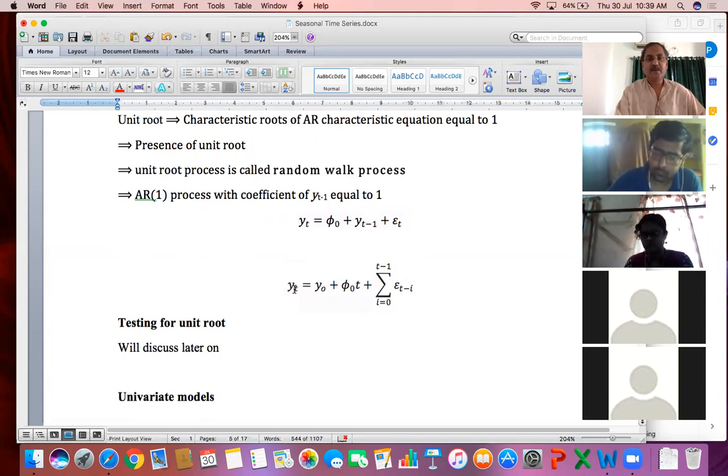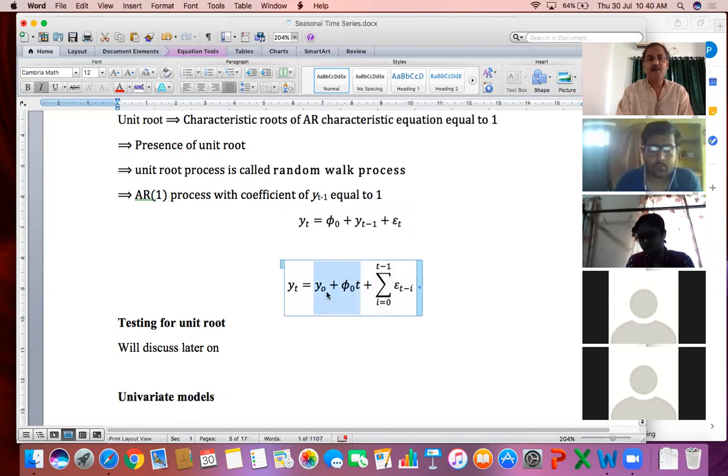The value of y today has two components. The first part looks like a linear trend, y naught plus phi naught times t. Y naught is the initial value of y. Phi naught is called the drift element in time series literature, the drift or the intercept term.